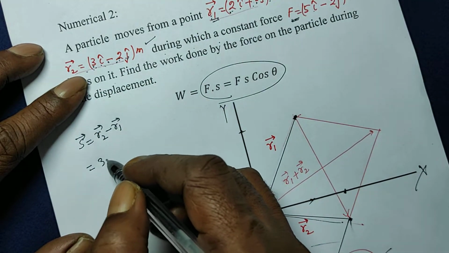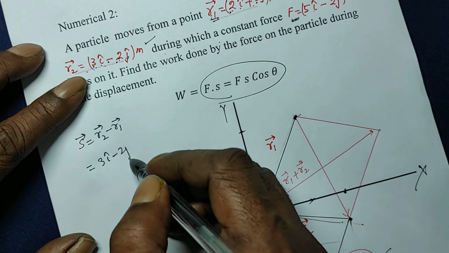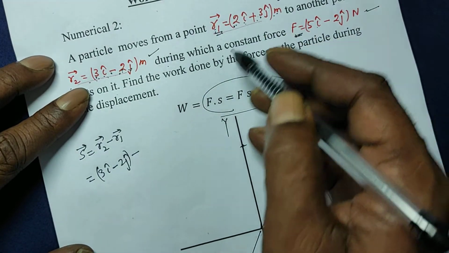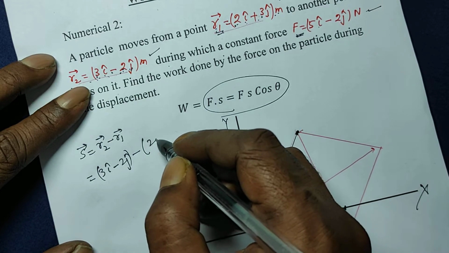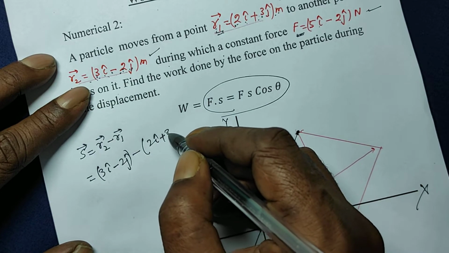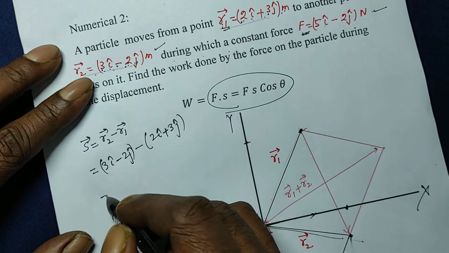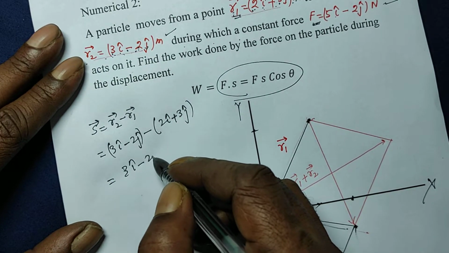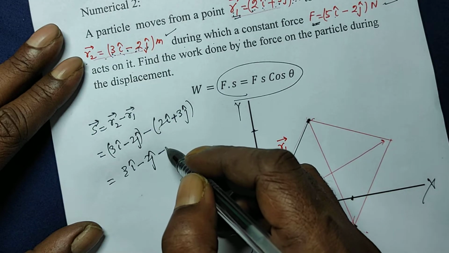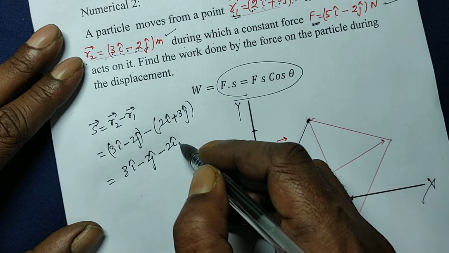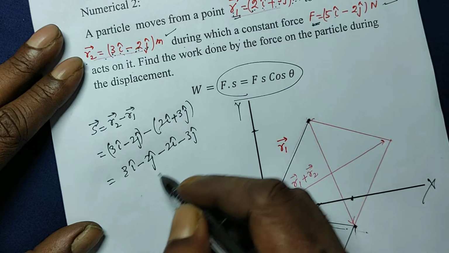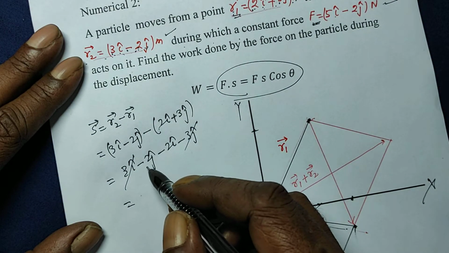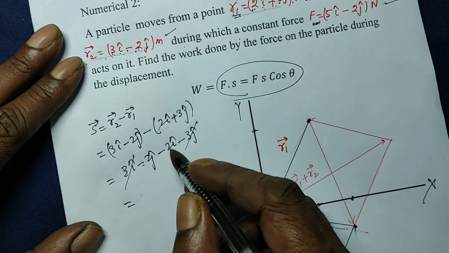And how much will that be? That is equal to 3i cap minus 2j cap minus of R1, minus of 2i cap plus 3j cap, that is equal to 3i cap minus 2j cap minus 2i cap minus 3j cap.